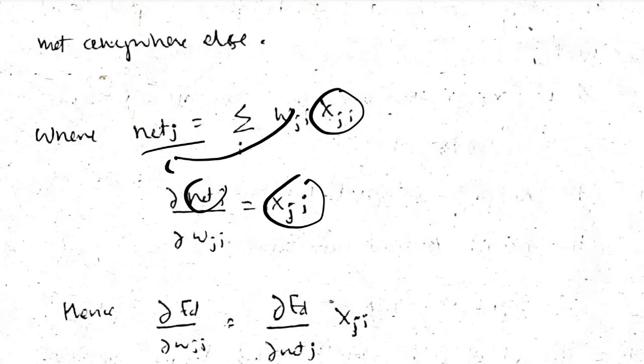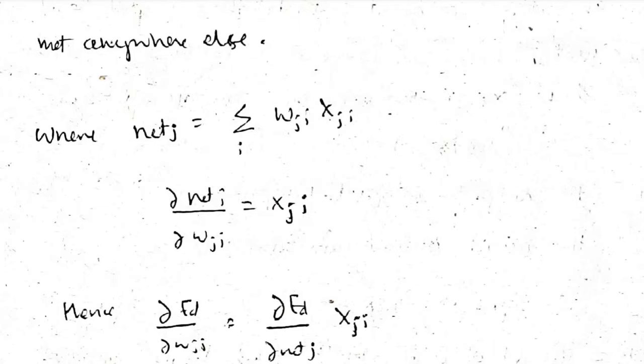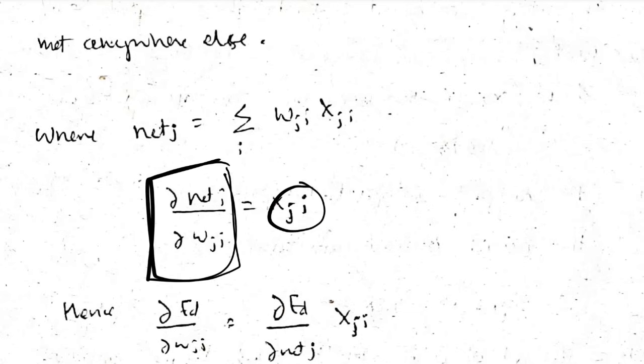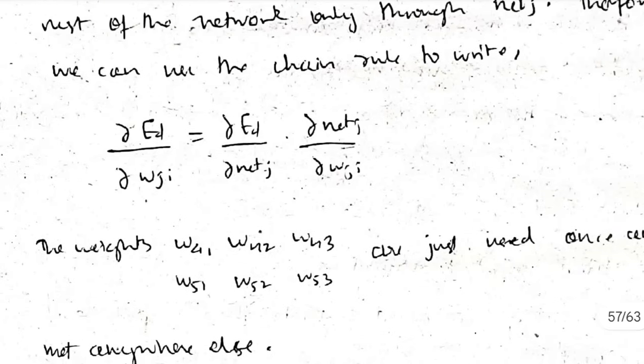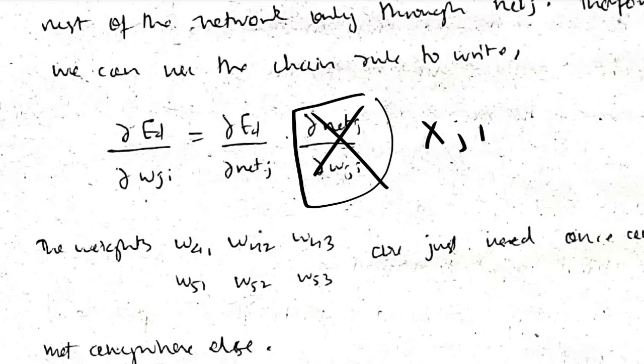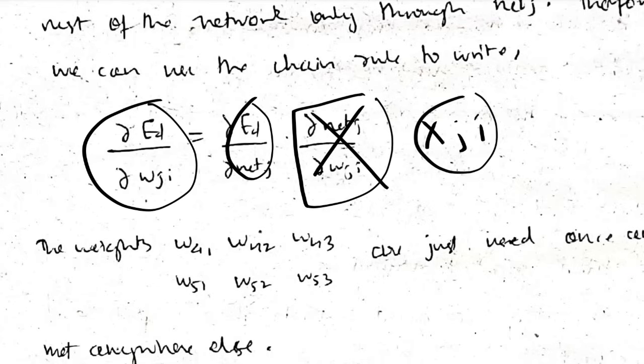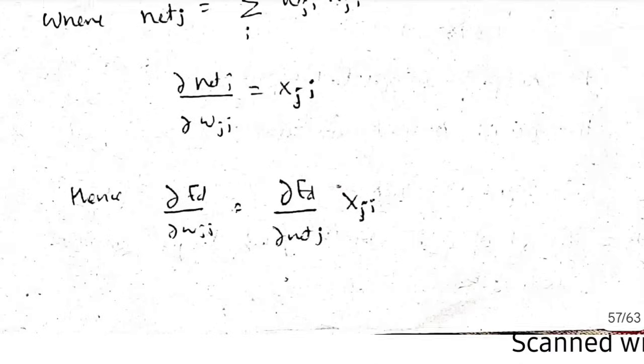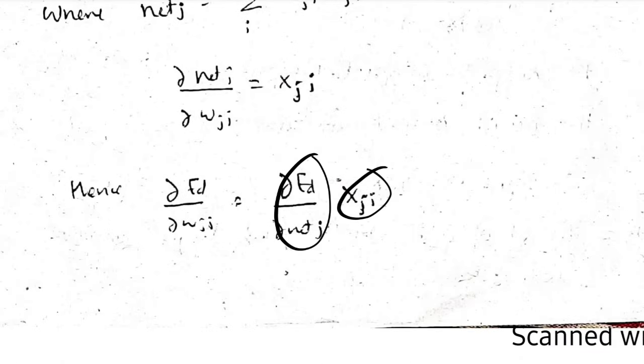So that's what I've written here, dnet j by dwij, and xji will remain. Wherever I encounter this term, I can write xji instead, right? So I'll get dEd by dnet j into xji. That's the same thing I've written here.